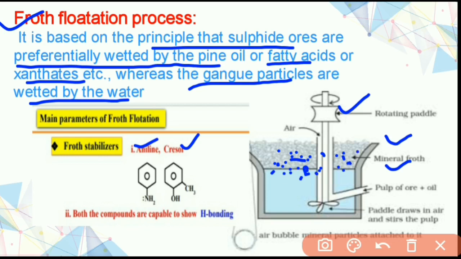So these are froth stabilizers used to enhance the froth formation, and both compounds are capable of showing hydrogen bonding.